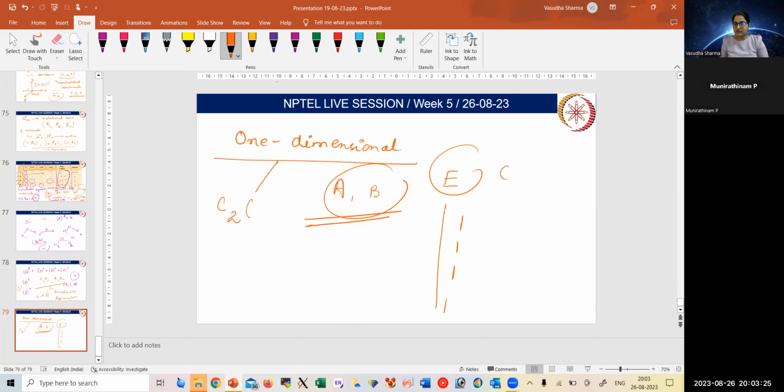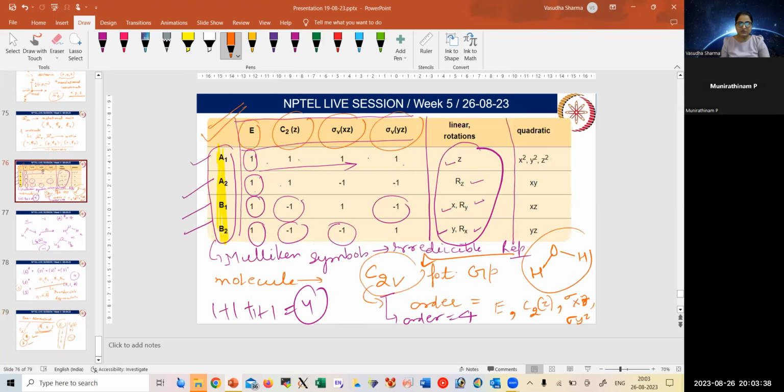Now, under the principal axis of rotation, that is C2Z in the case of C2V, if it is +1, then it is the A representation. If it is -1, then it is B. So as you can see over here, beneath the identity column, all are 1, 1, 1, 1, so either it can take the A representation or the B representation.